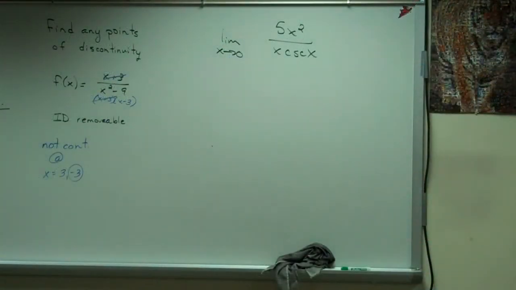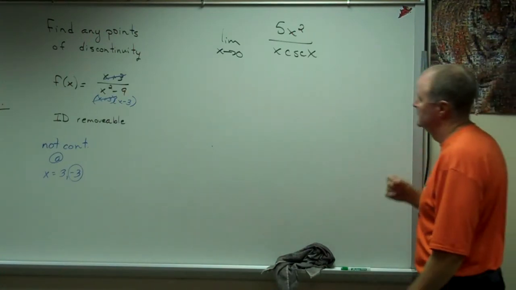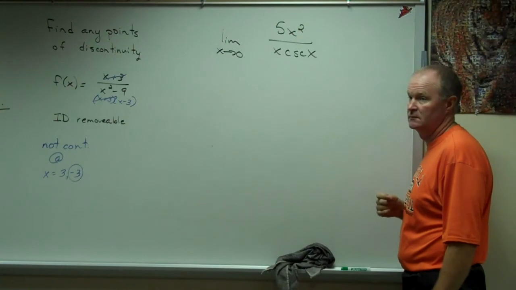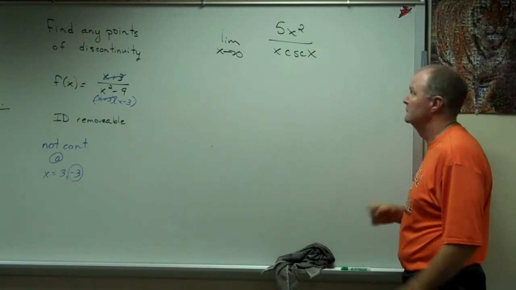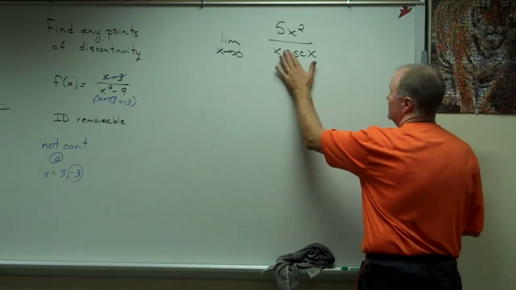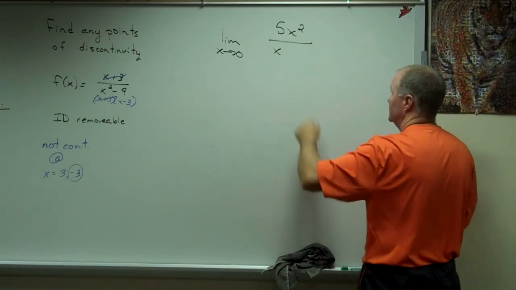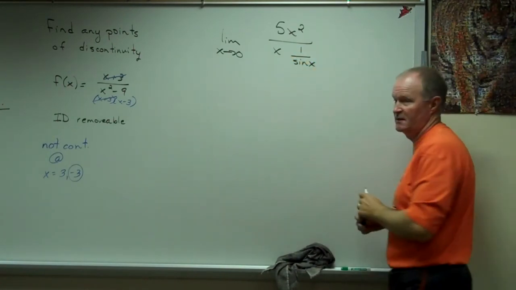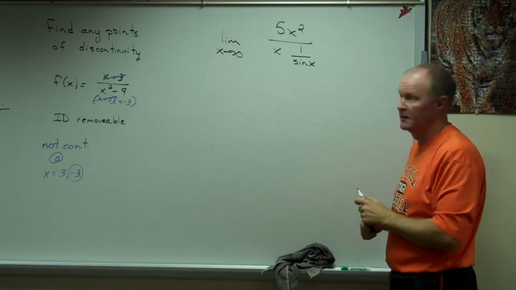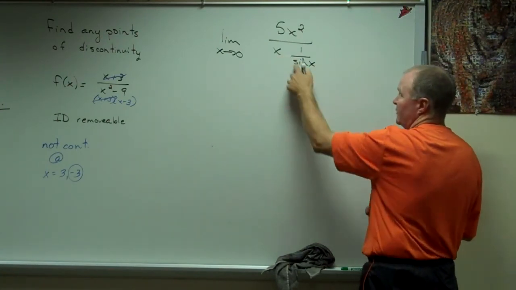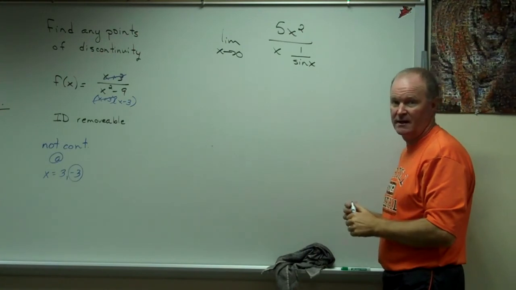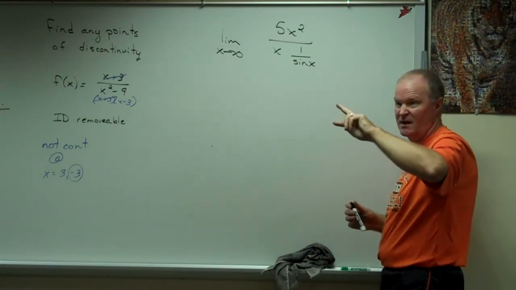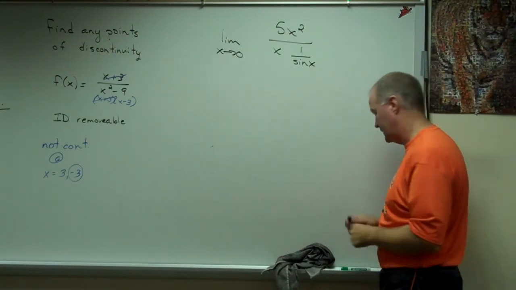Anybody have any thoughts? The cosecant x is 1 over sine, and then 1 over sine times x is x over sine x, and that's 1. So you want to switch this to 1 over sine of x. And then so this is really x over sine x, which we said is really the same as sine x over x.